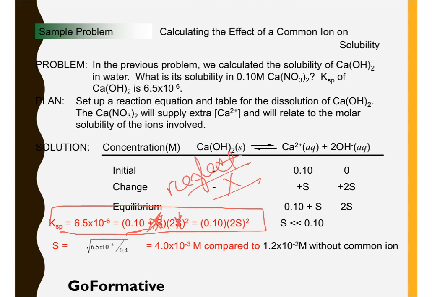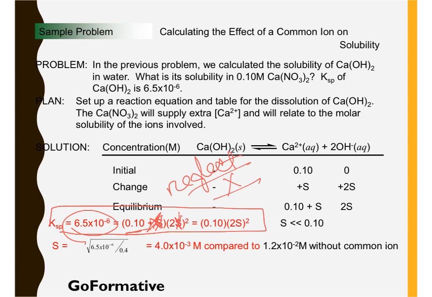And you have to ask yourself, is S or X, do you think it's safe to neglect it? Look at the value of K. Almost all Ksp values are very, very small, which means that X is very, very small.